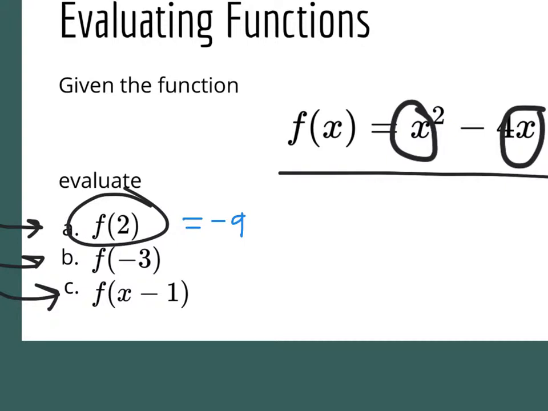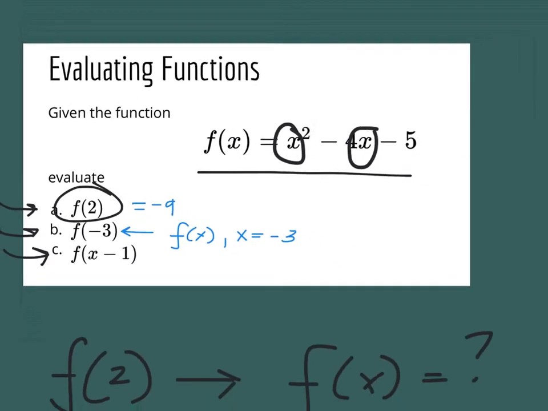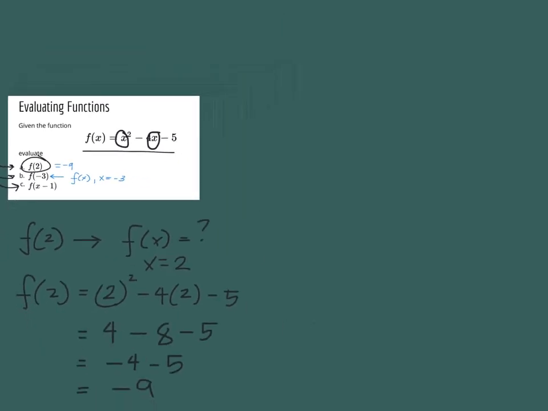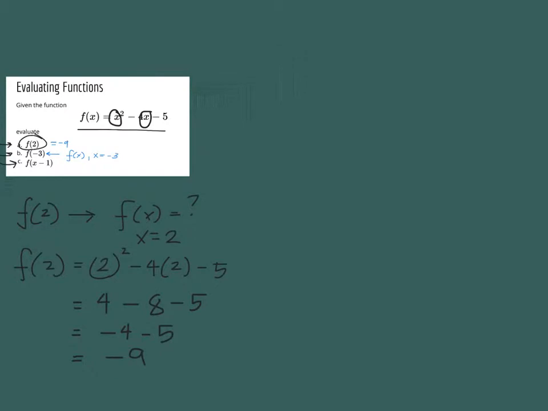So if we are going to find the f of negative 3 this time, that means we have to find the value of f of x when x is equal to negative 3. And then we just repeat the process by substituting the negative 3 to every x in the function.